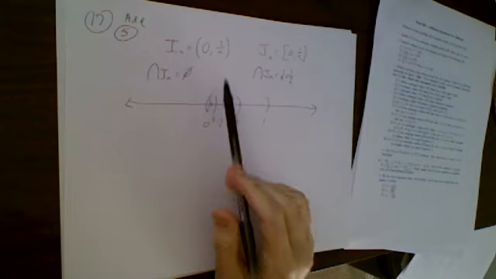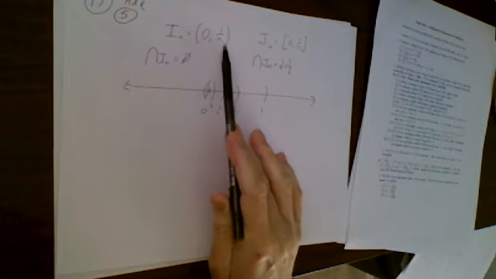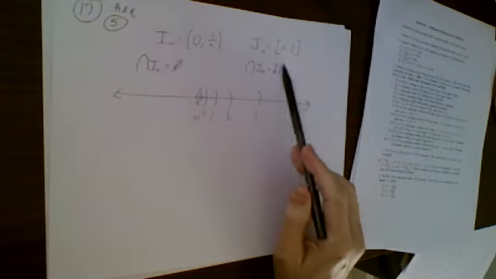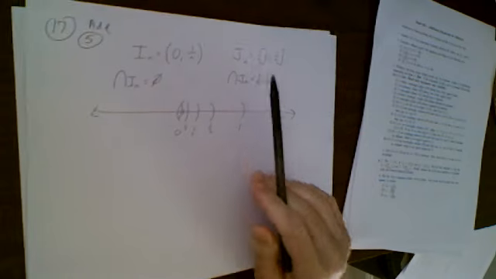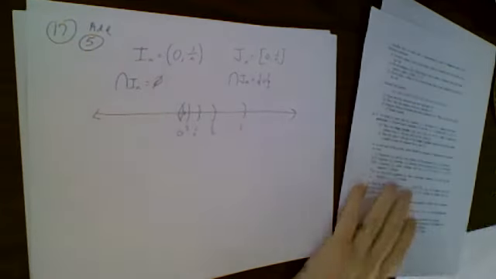So again, the first case doesn't violate the nested interval property, even though the intersection is empty, because the sets are not closed intervals. And this case doesn't violate it, because the property says there should be something in the intersection, and there is, the number 0. So that takes care of number 5. Okay.